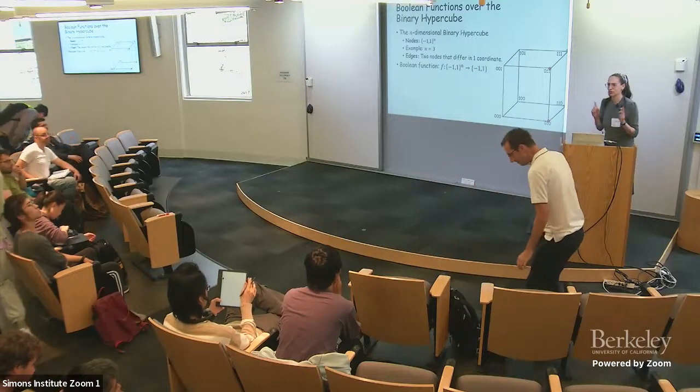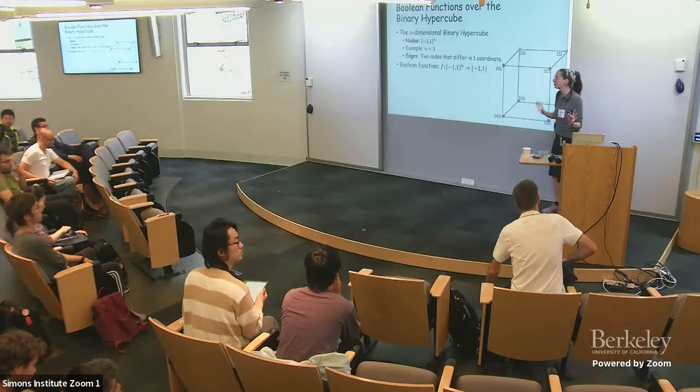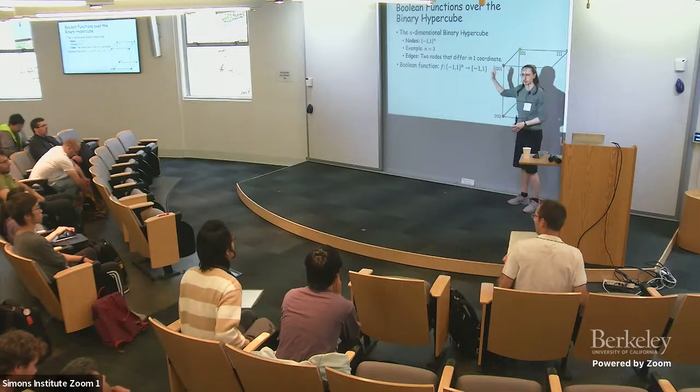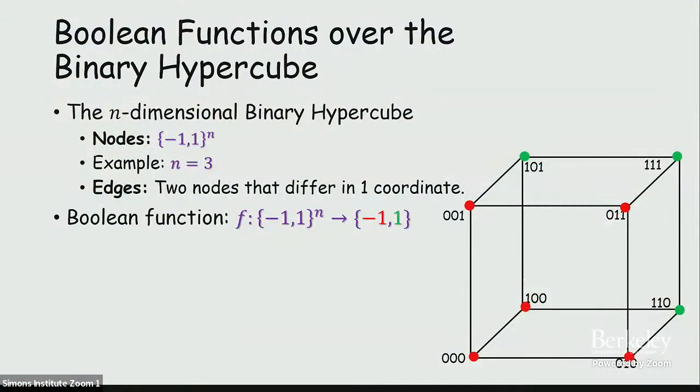So I think that we didn't talk about influences, right? Okay. So I will concentrate on the Boolean hypercube {-1,1}^n.